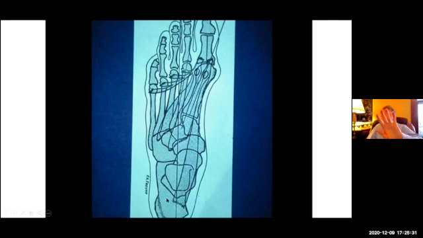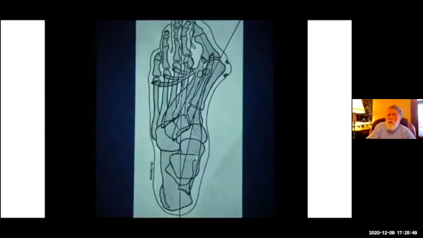So the more adductus we have of the metatarsals, the more normal hallux abductus we have. So we can have a neutral position foot that has a large amount of metatarsus adductus, and it's going to have a high degree of hallux abductus even before we start to get a bunion. So that sets us up for getting a bunion.